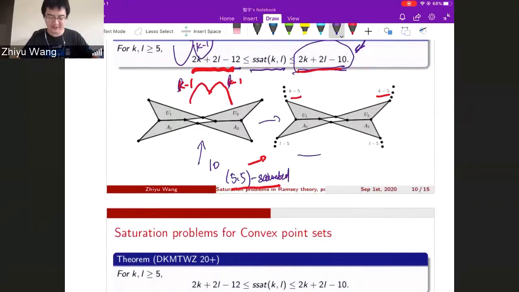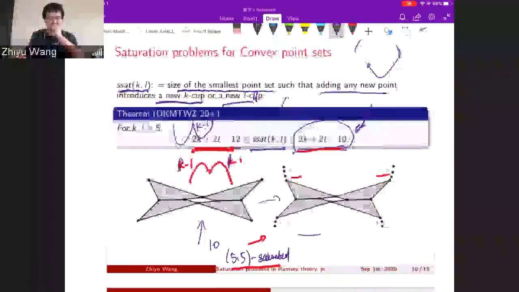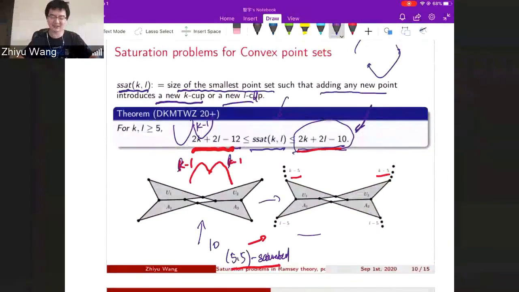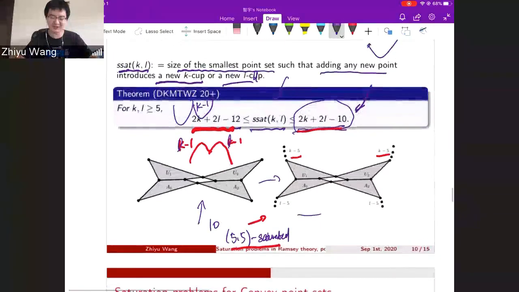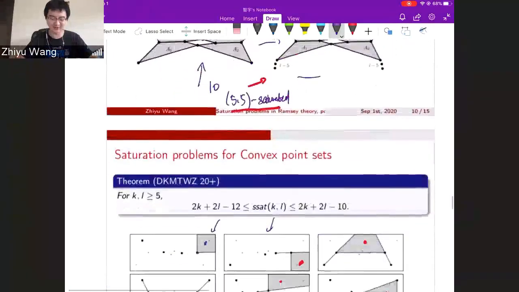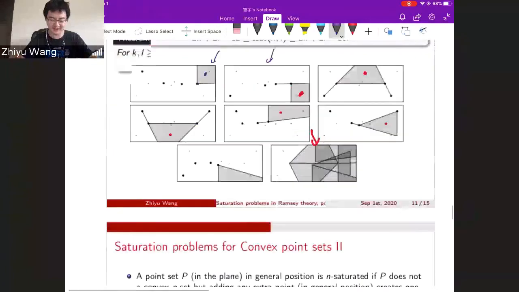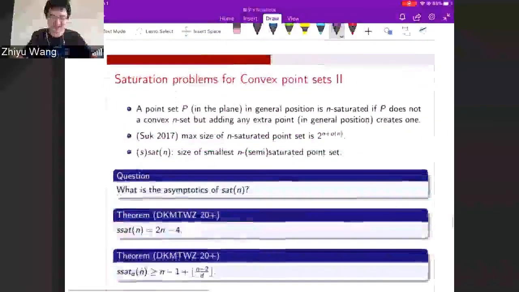All right. So in the extremal setting, this k-cup and l-cap problem is used to show the corresponding extremal problem for convex n-sets.